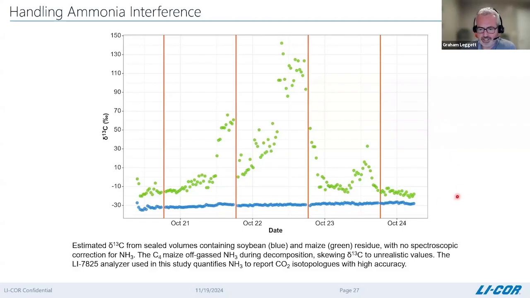So unrealistic values, and that's a direct consequence of that ammonia interference. And so the instrument now does measure ammonia, reports the concentration, but is also incorporating that into the spectroscopic fit and eliminating that interference. So we can continue then to report CO2 isotopologues and delta 13C with high accuracy.